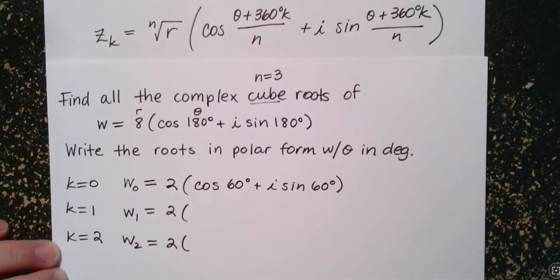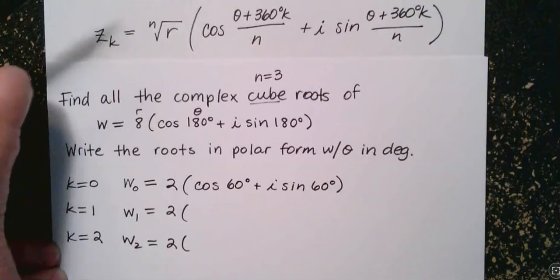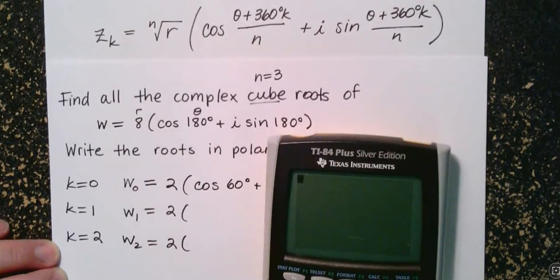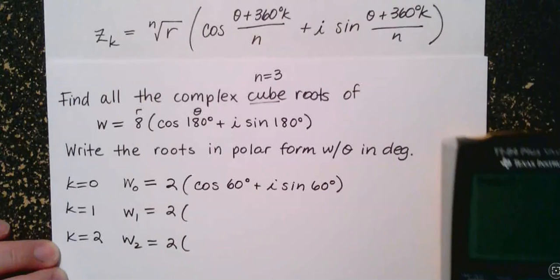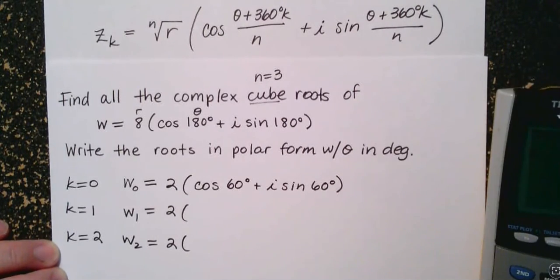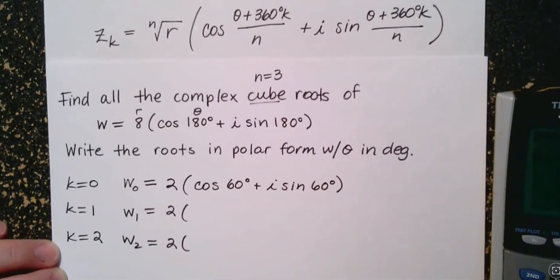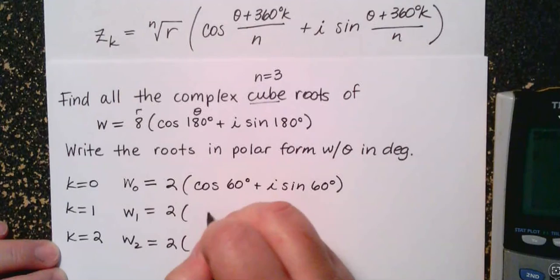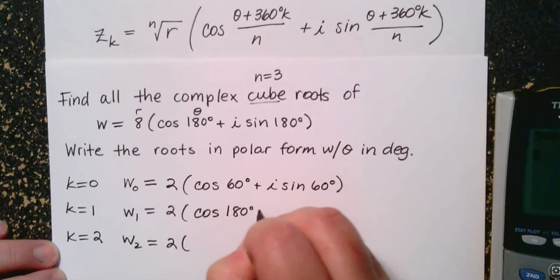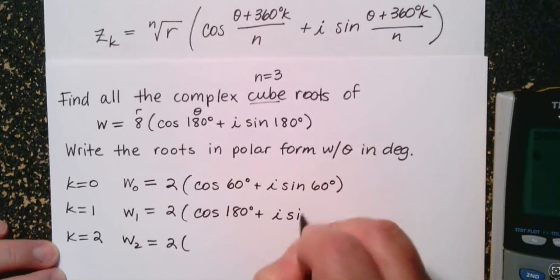So 540 divided by 3, I'm starting to not trust myself. So I'm going to use a good old calculator here. 540 divided by 3 is 180. Well, that makes total sense, doesn't it? 180 plus 360, which is 180 twice. So we have cosine of 180 plus I sine of 180.